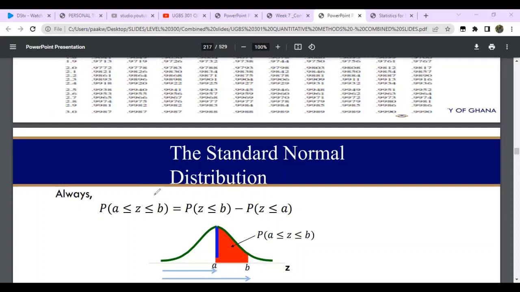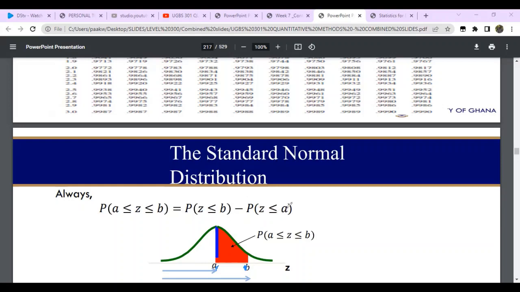So you are not looking for the probability, you are looking for the probability between this area, between A and B. So between A here and what? B here. What's the probability? And they are saying when you see something like this, just look for the probability that Z is less than or equal to B. Then you subtract from it the probability that Z is less than or equal to what?